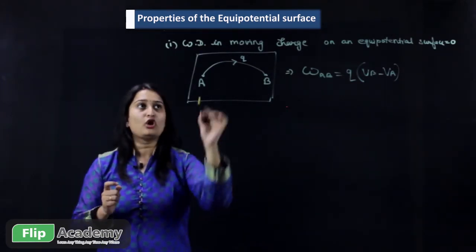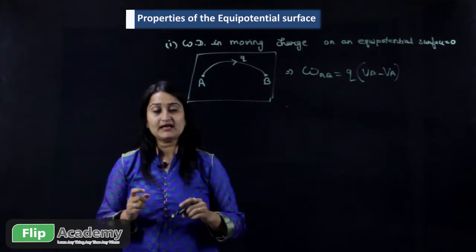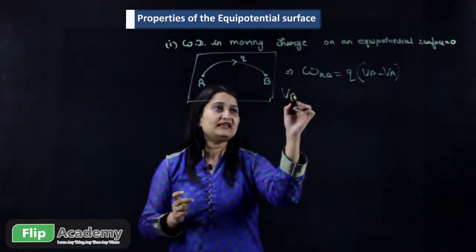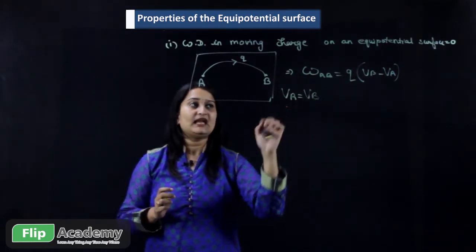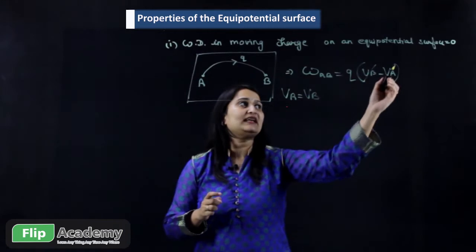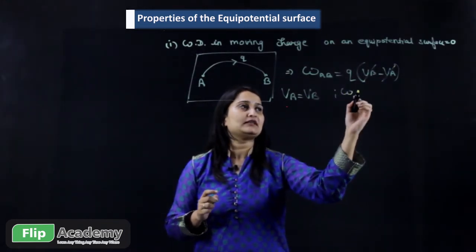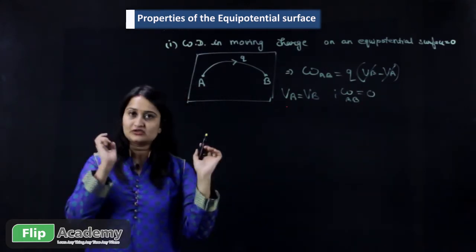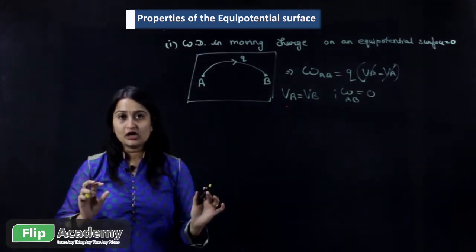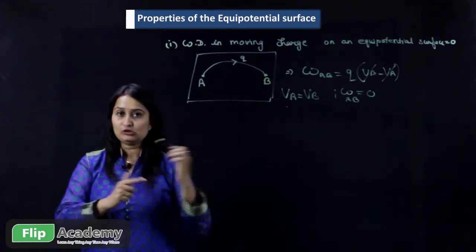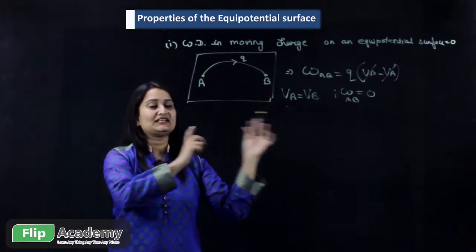That is, if we talk of VA or VB, both have the same magnitude. So VA is equal to VB, they both get cancelled out and your answer, that is work done, is equal to 0. So this is what we have to prove, that work done in moving the charge from one point to another on an equipotential surface is 0.